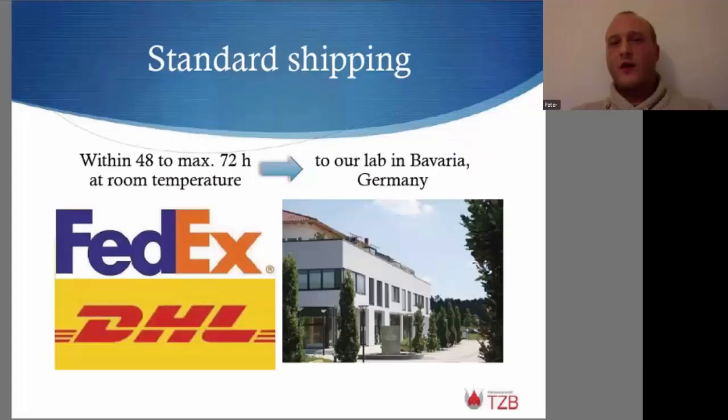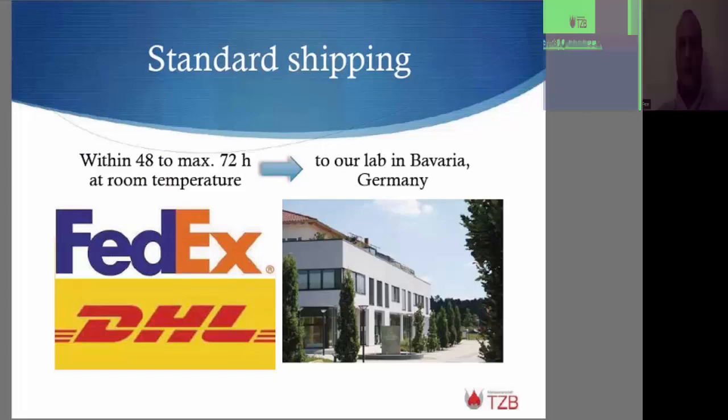It can be shipped for 24 to 72 hours at room temperature. You don't even have to cool it down. It goes to our central lab in Bavaria in Germany with FedEx or DHL. It's a standardized version called exempt human specimen, and you can use it very quickly without any problem.